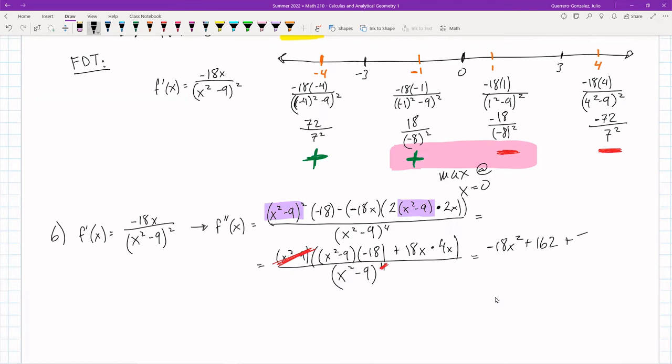That's going to be 72x squared, all over x squared minus 9 cubed now, since we got rid of one of those x squared minus 9.